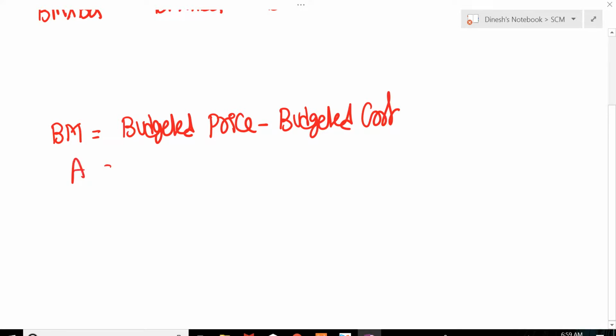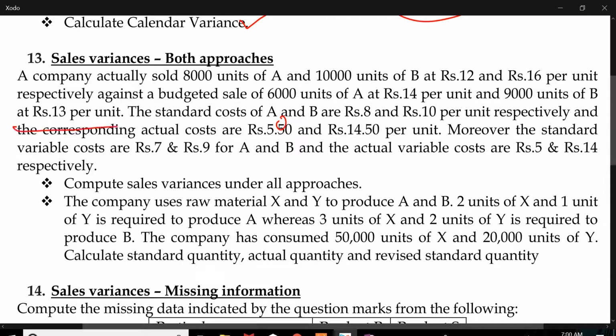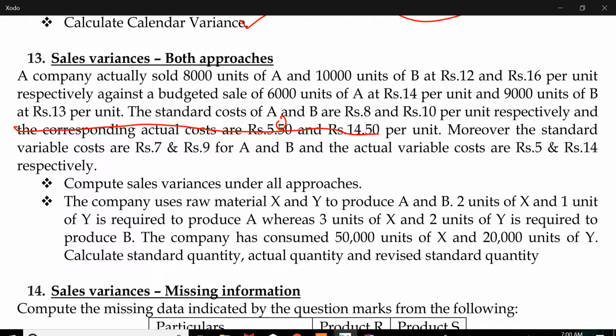A is equal to, what is the price at which you wanted to sell A? 14 minus what is the budgeted cost? The standard cost of A and B are 8 and 10 respectively, and that corresponding actual cost, just ignore it. You're not going to even look at that information, because if you look at it, you will end up making a mistake there.